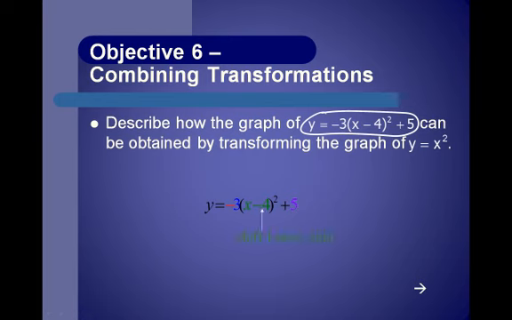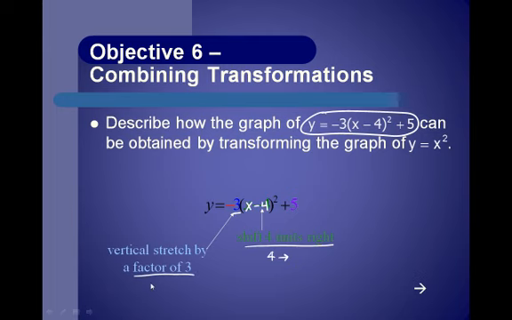So for this problem, first thing we're going to notice, in parentheses we had x minus 4. That means we are going to shift it 4 units to the right. Okay, so 4 units that way. The second thing we're going to look at is because there is a number out front that's being multiplied, that means we are going to stretch it by a factor of 3.